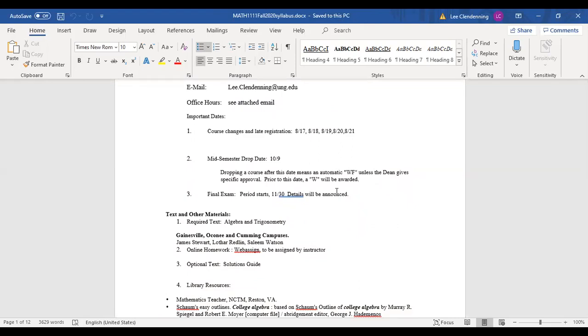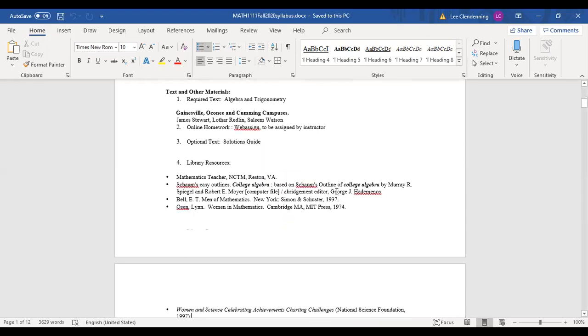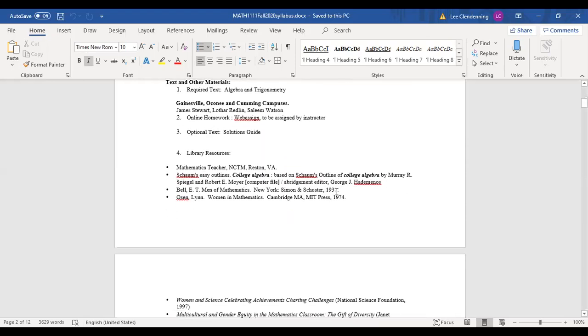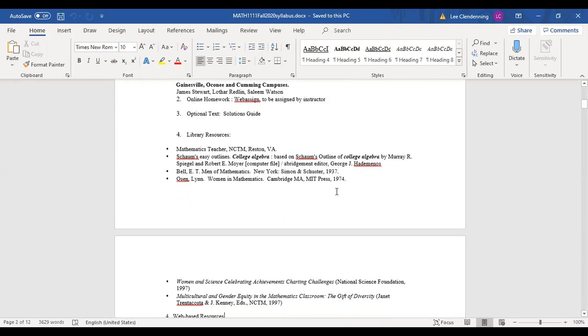Our required text is Algebra and Trigonometry, James Stewart, Lothar Redlin, Saleem Watson, 4th edition. You can see some library resources.